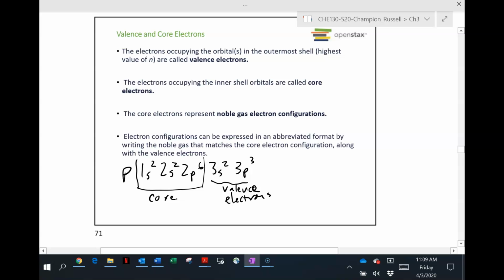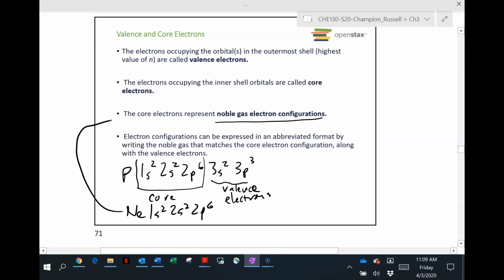Notice that the core electrons always represent a noble gas configuration. If I was looking for the element that had that configuration, 1s2, 2s2, 2p6, that would be neon. Neon is 1s2, 2s2, 2p6. So that's that noble gas configuration thing.